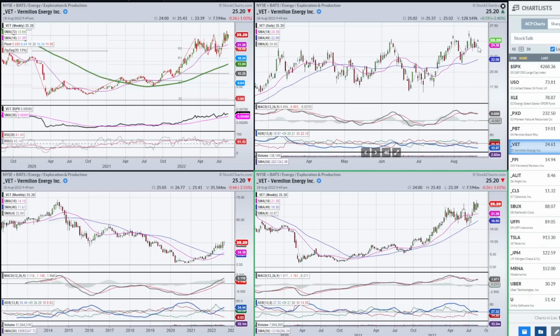The way I would probably handle this is go ahead and get long and then use this low right now as your stop. This last legitimate bottom on the daily chart, somewhere around 21 or something like that. If we break that, then this is going to be on hold for a while. If we hold that, there's a very good chance that this is going to take off. But you just have to adjust your size to make sure that you're making up for the differences here.